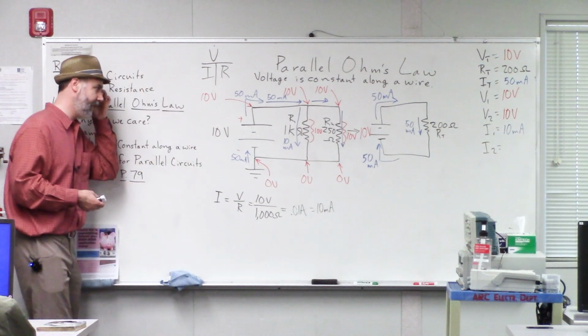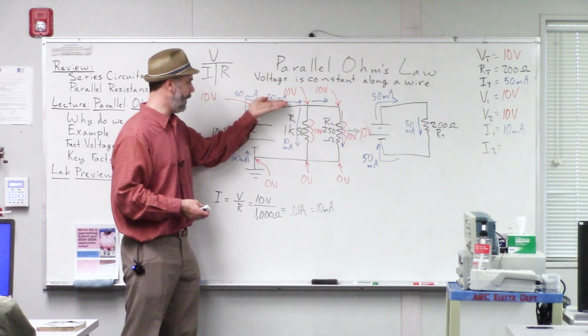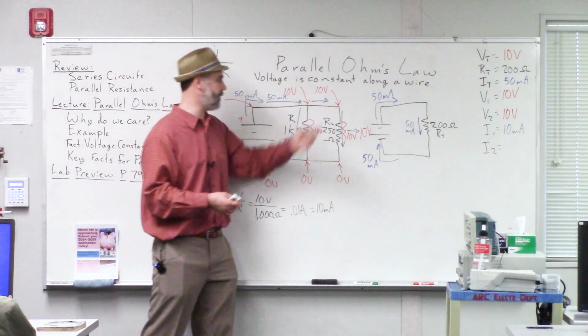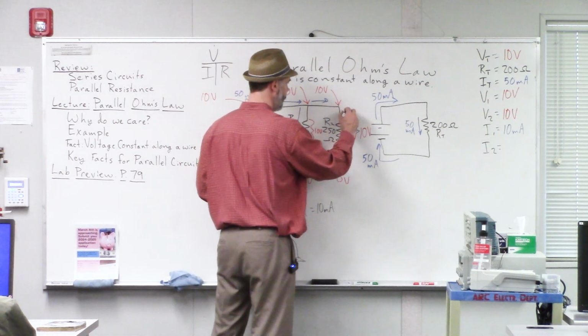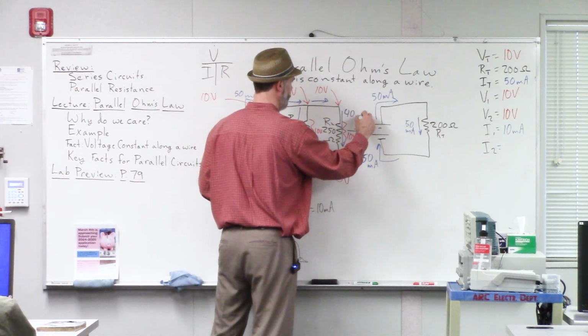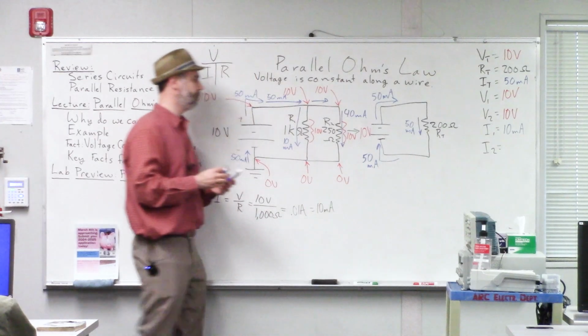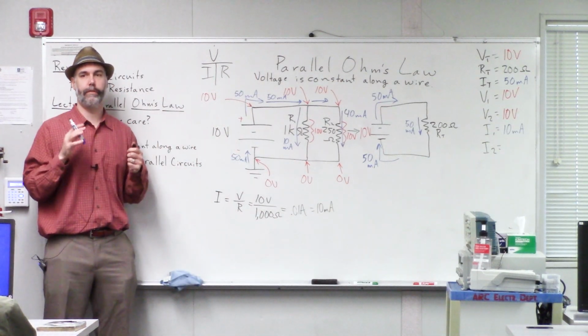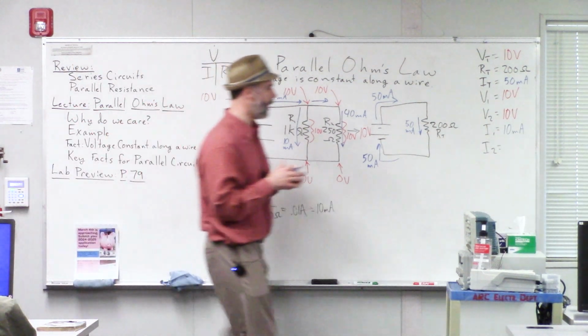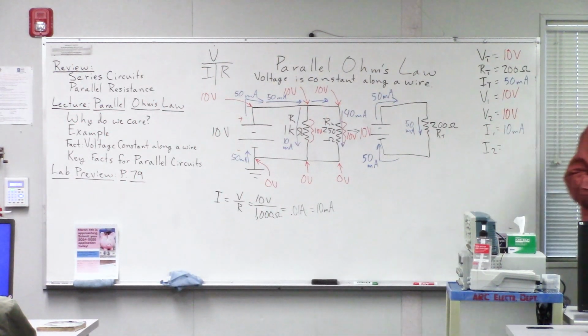Yeah, exactly. So we got 50 here, 10 of it goes down that way, so the rest of it goes that way. So 50 minus 10 gives us 40. So we have 40 milliamps going that way. Okay? Everybody see how I got that? Okay, so in electronics, there's often more than one way to get the right answer.